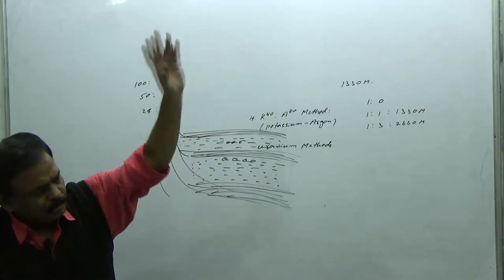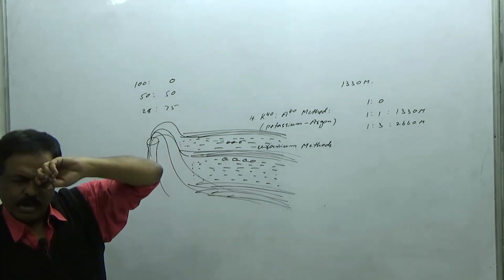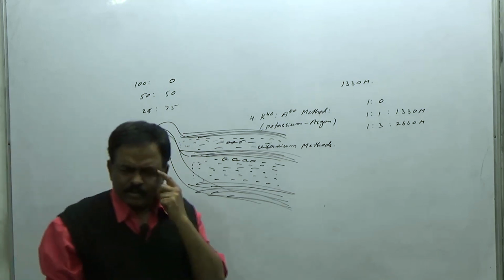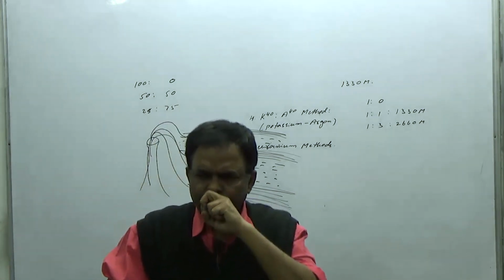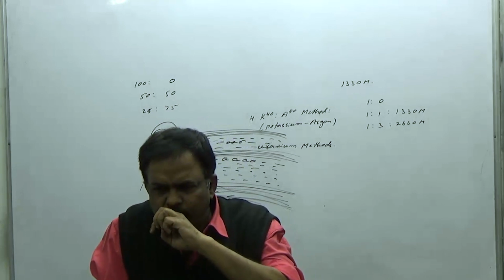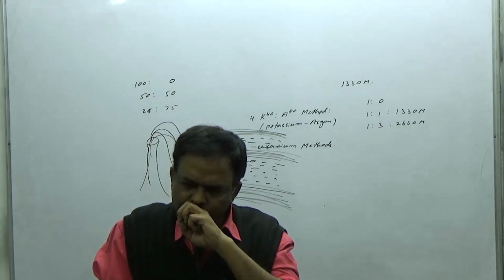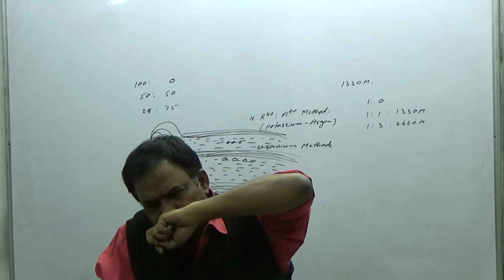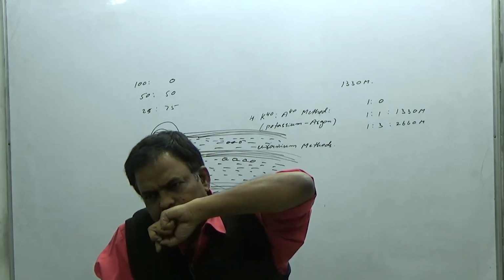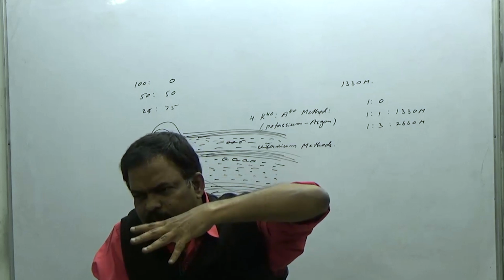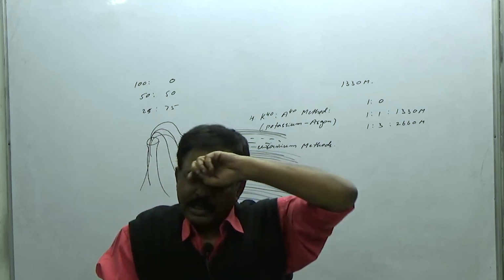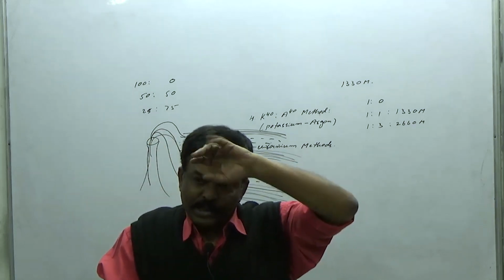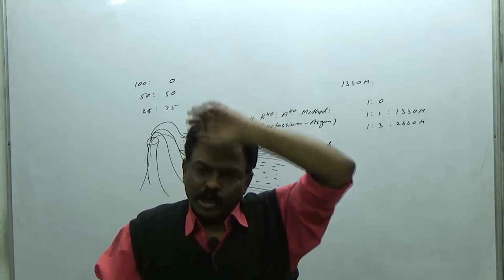Deccan traps. What are these Deccan traps? Deccan traps are black soils. These black soils are formed by weathering of volcanic rocks only, igneous rocks only, basalt only.